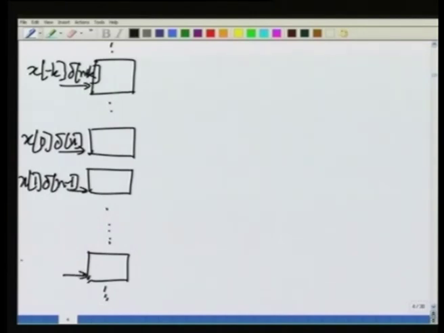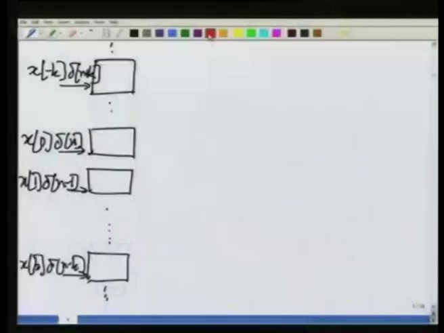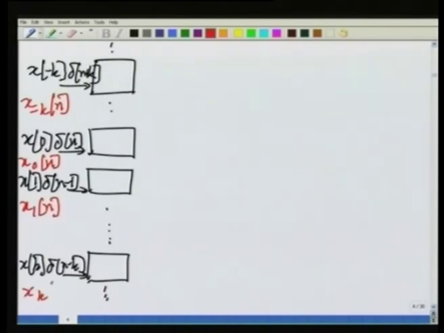Here I could apply something like x k delta n minus k. So, I apply all these different signals, each one: this is x minus k of n, similarly this signal is x 0 of n, this signal is x 1 of n, this signal is x k of n.